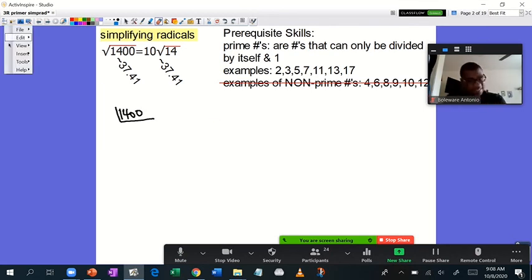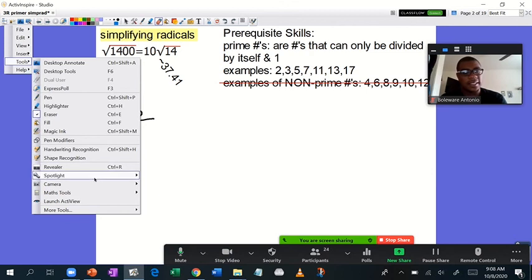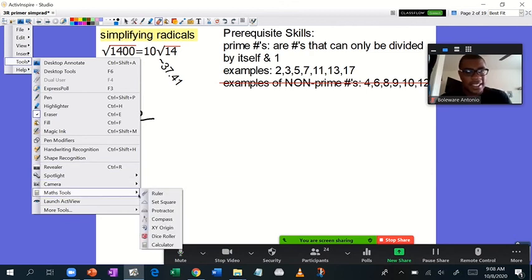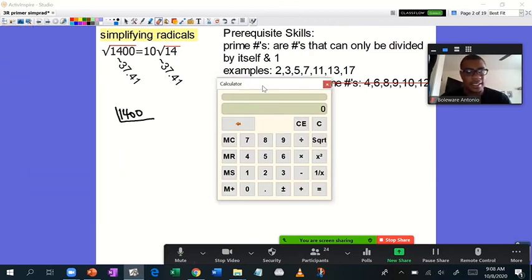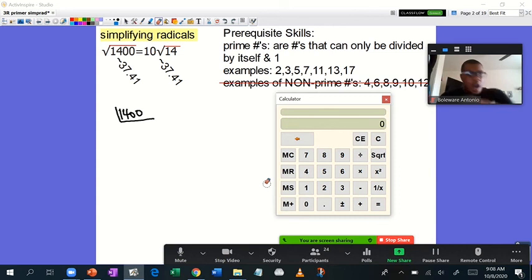Let me see if I got my calculator here. Math tools, calculator. What's a small prime number that can go into 1400? Let's try 2.